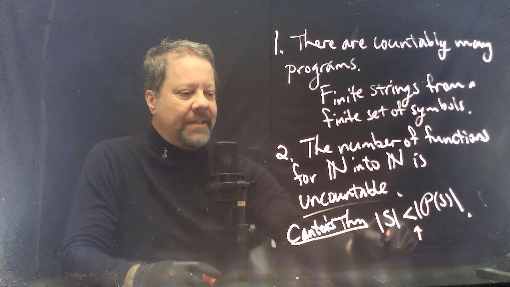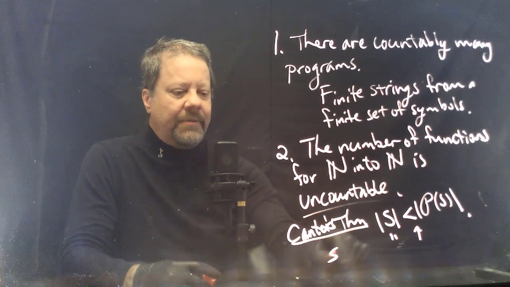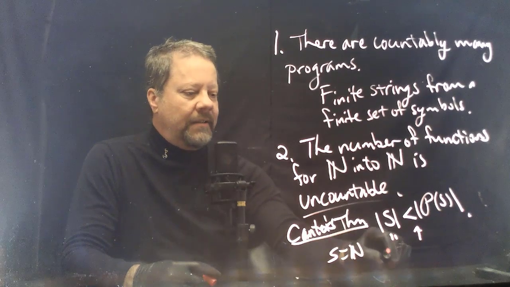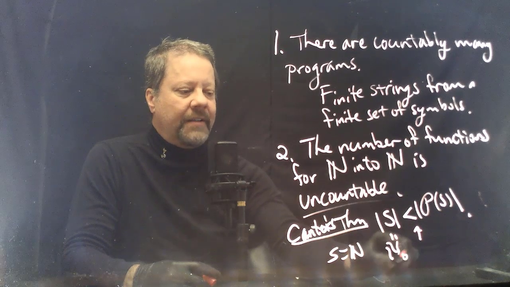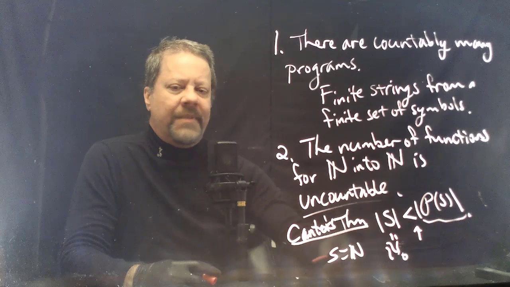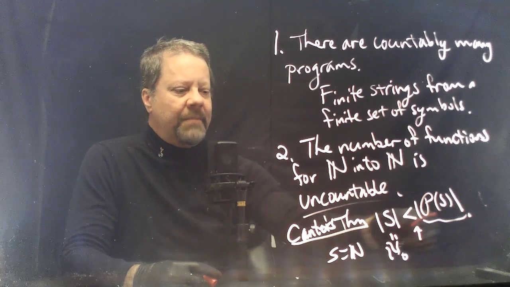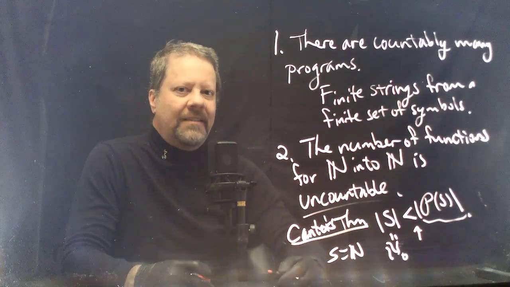Now that means if S is equal to N, then over here we have aleph naught. This must be something bigger than aleph naught, strictly bigger. If there are only a countable number of programs, but a strictly larger number of functions, then there must be a function that is not computable.